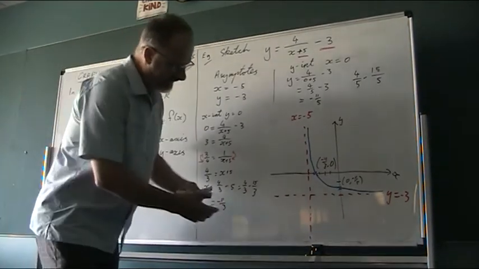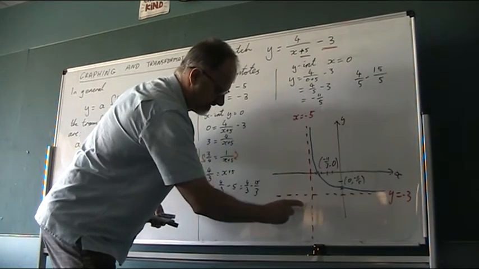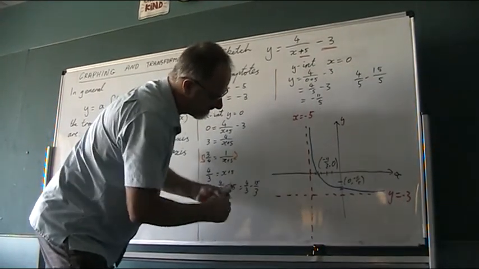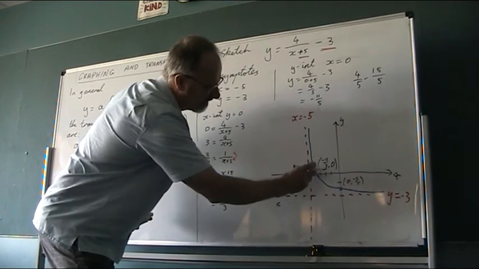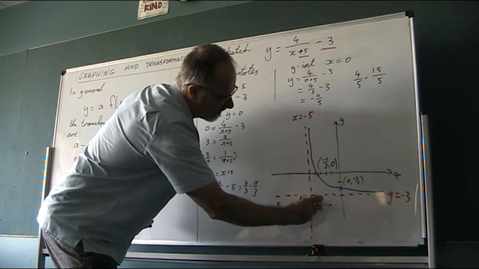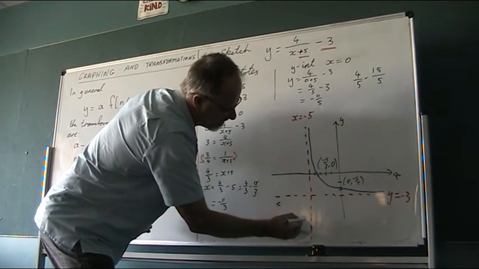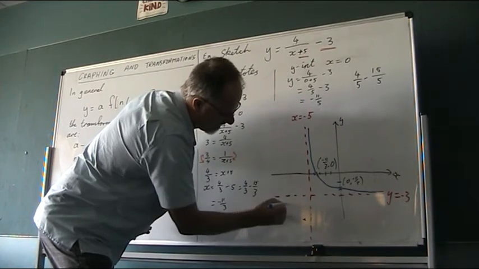What do we know? We know there's another bit over here, so it goes through there somewhere, and down here, something like that.